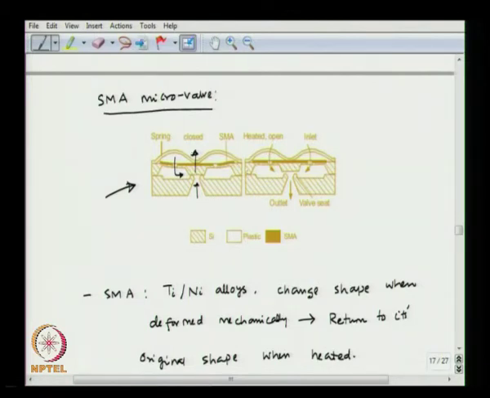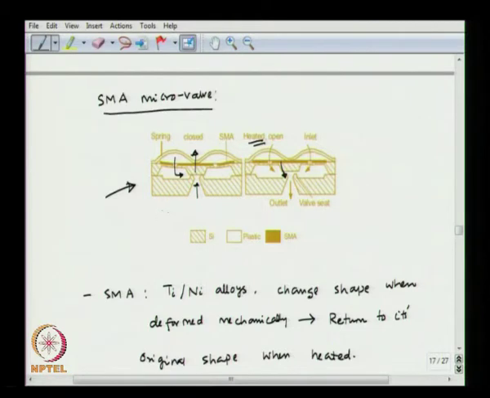Now, when you want to again close the valve, then we supply heat. So, it is going to be heated, and it will remember its original shape. When the shape memory alloy tries to go to its original shape, the membrane is going to close down. So, this is what is going to happen.